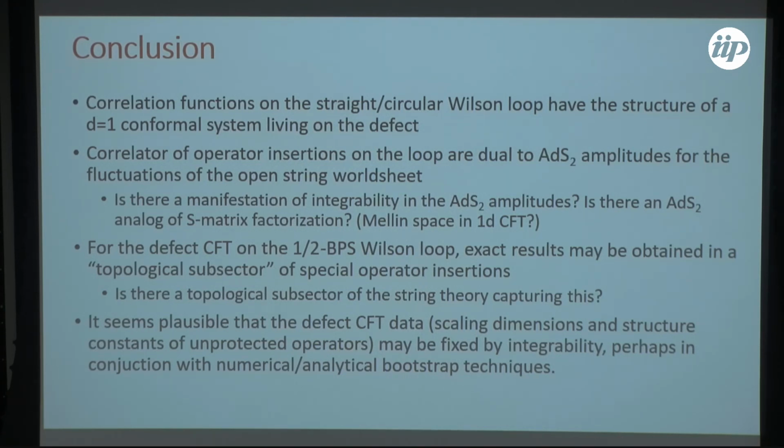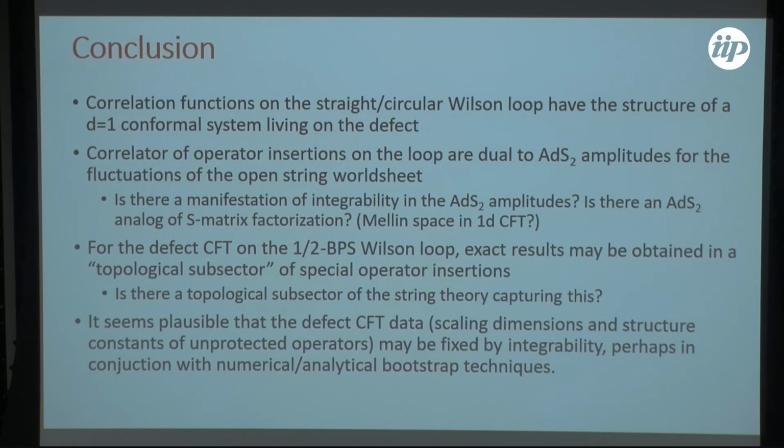But I think people don't quite know what is a useful way of using Mellin space in one-dimensional CFTs, because what you would need is just a Mellin amplitude, which is a function of a single variable, to map to the fact that the 4-point function is a function of a single variable, and also to the fact that the scattering amplitude in two-dimensional flat space for 4 points is a function of a single Mandelstam variable.